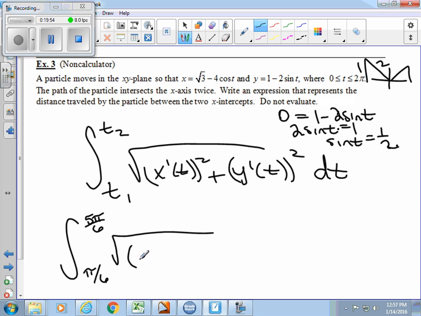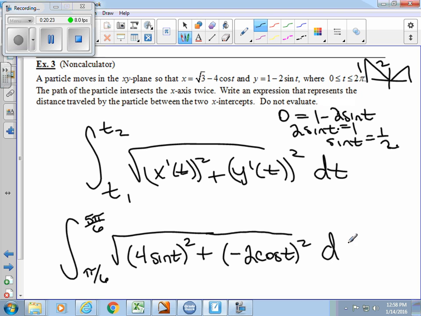The derivative of cosine is negative sine, so I get 4 sine of t squared plus 2 minus negative 2 cosine of t. Is that right? It says set up but don't evaluate. Done.